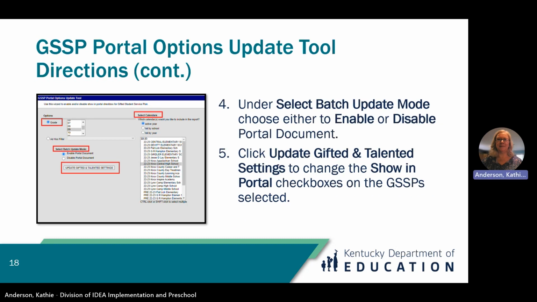Under Select Batch Update Mode, choose either to enable or disable portal document. Click Update Gifted and Talented Settings to change the Show in Portal checkboxes on the GSSP selected. So again, this tool allows you to update as many GSSPs to show in the portal as you would like according to the different selections that you have chosen.